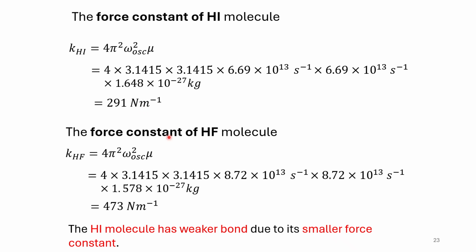After that, you compare the values. So the HI molecule, hydrogen iodide, has a weaker bond because the force constant is a smaller value compared to hydrogen fluoride. So now you use the value of the force constant to show which molecule has a much stronger bond compared to a weaker bond.